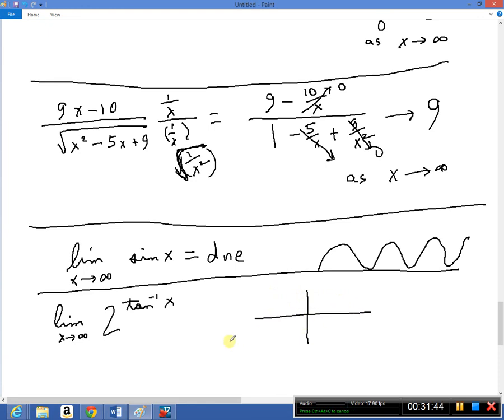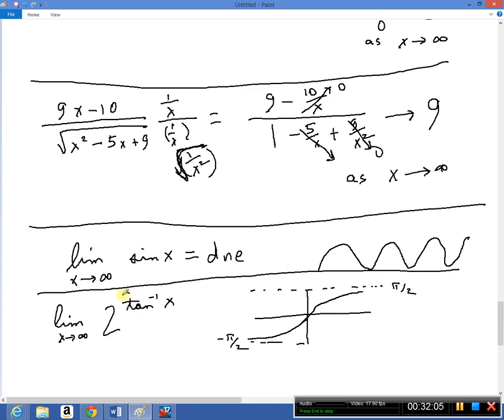The graph of the inverse tangent is asymptotic on both sides and grows to a maximum, well, it never gets there, but it's asymptotic to pi over 2. And on the other end, it's asymptotic to minus pi over 2. But as x gets large, the inverse tangent is going to pi over 2.